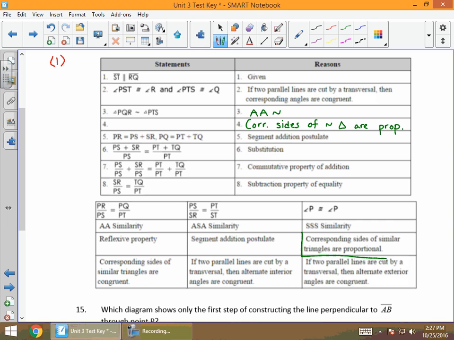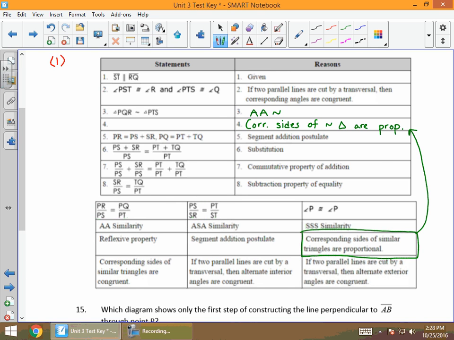This one right here is the winner. That's the one that goes right there. Corresponding sides of similar triangles are proportional. So I just need to figure out the 2 triangles and the sides that are similar. It's either going to be this one here or this one here. Those are my only proportional statements.